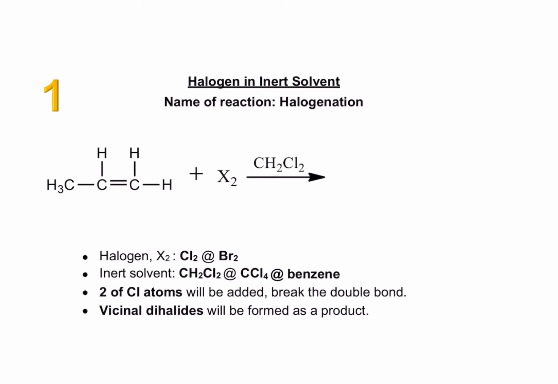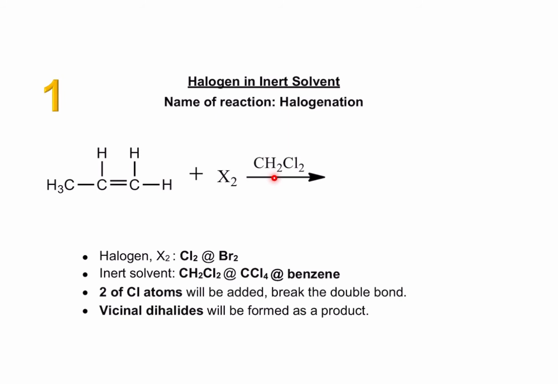When writing down the chemical equation, I use the general one, propene. So propene reacts with X2, where you replace it in your specific equation with whether Cl2 or Br2, with inert solvent. I'm going to use dichloromethane.